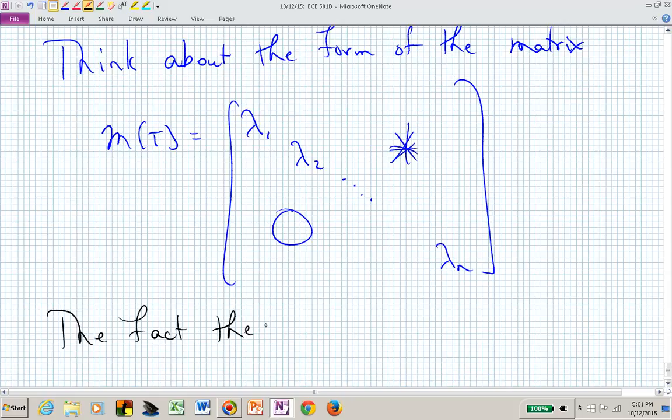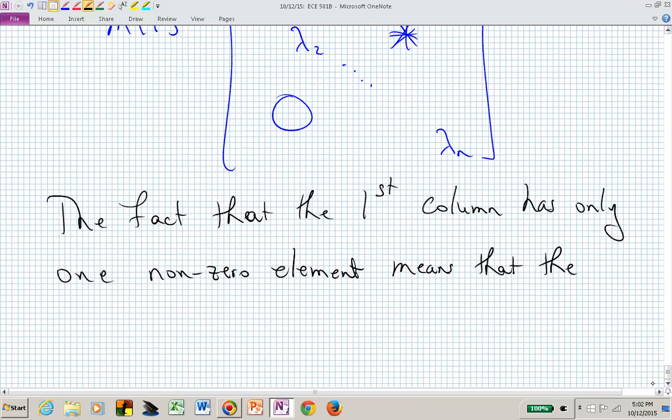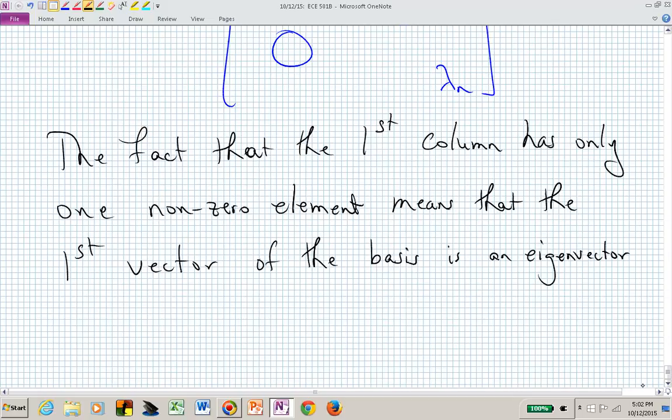The fact that the first column has only one non-zero element means that the first vector of the basis is in fact an eigenvector of T by definition.